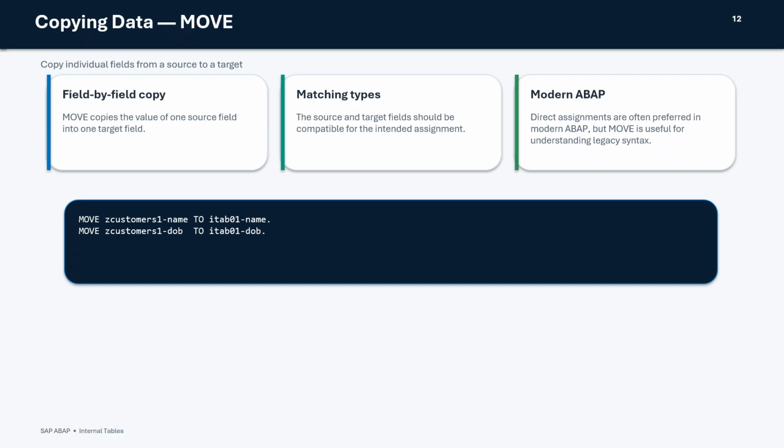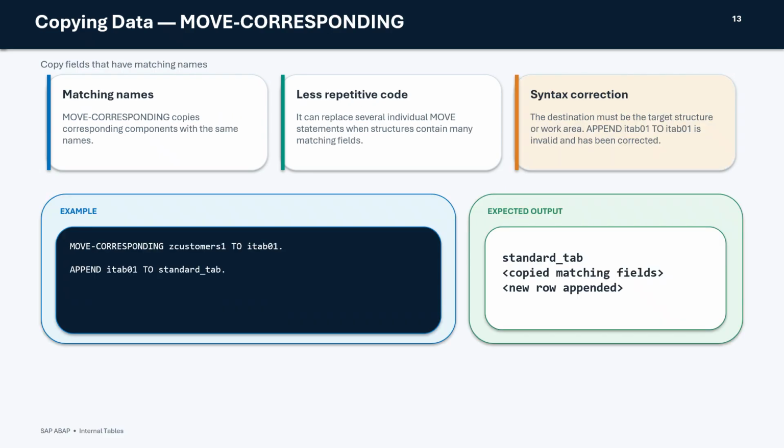Then the next one is MOVE-CORRESPONDING. What is it mainly useful for? When two structures contain fields with matching names, for example customer1 to itab.